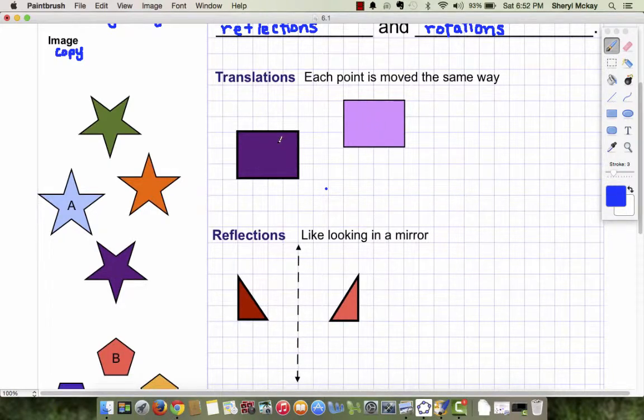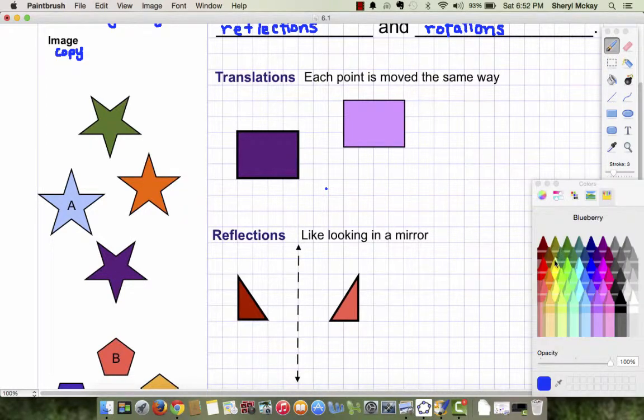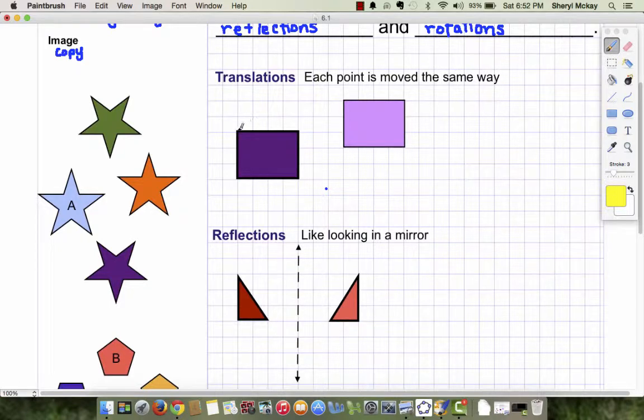Notice that what we did was we picked up a few points. The best way to think about translations is if you take your vertices or your points. So there's one, there's one, there's one, and there's one. And you move each one the same direction, same amount.